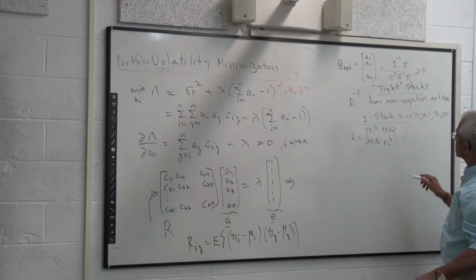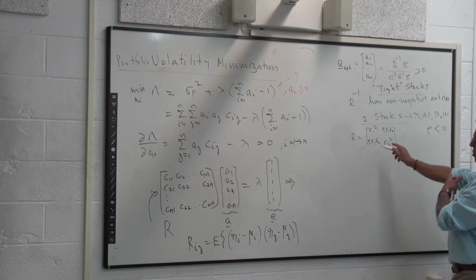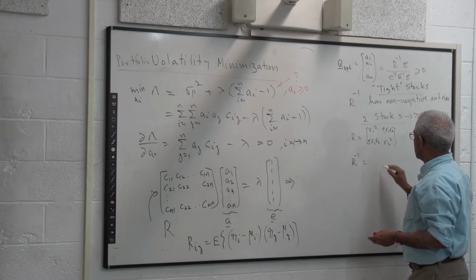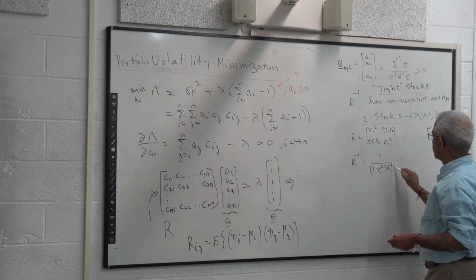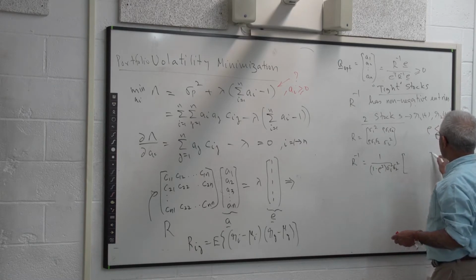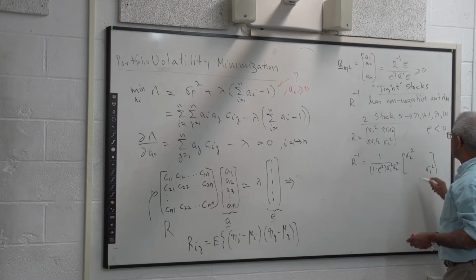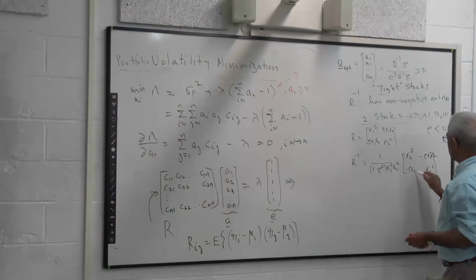Now suppose rho is negative. R inverse is going to be 1 over (1 minus rho squared) multiplied by sigma 1 squared sigma 2 squared, then sigma 2 squared, sigma 1 squared, minus rho sigma 1 sigma 2, minus rho sigma 1 sigma 2.